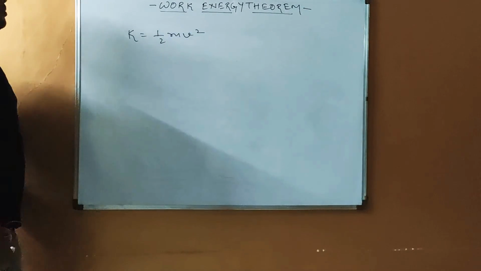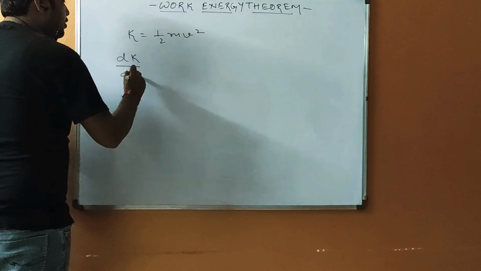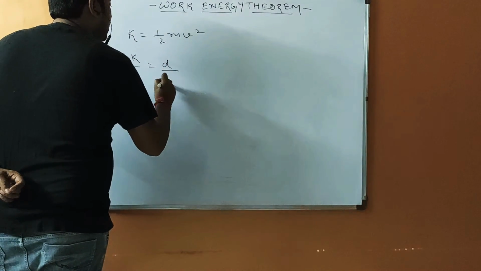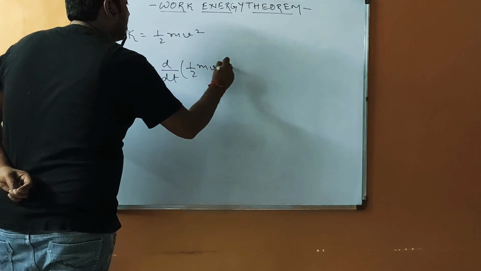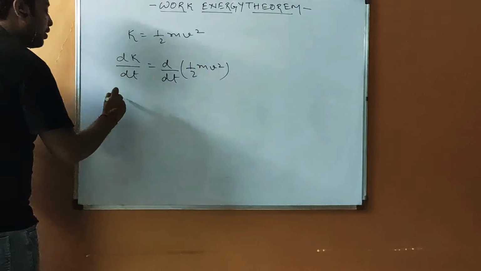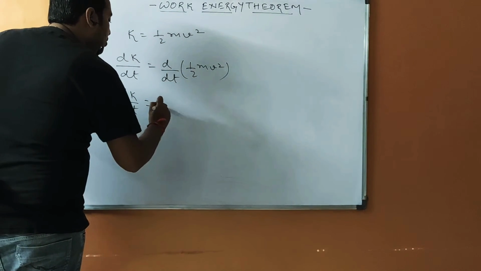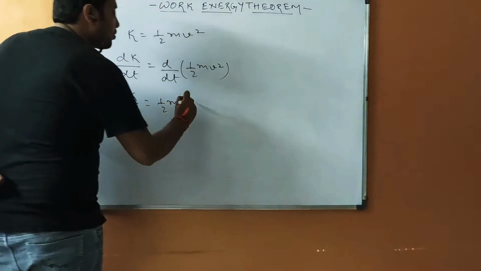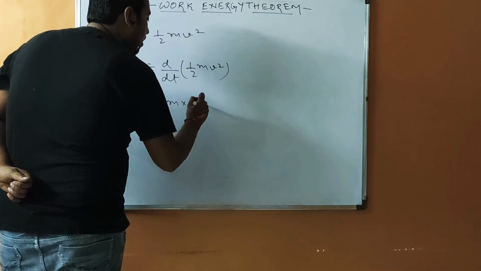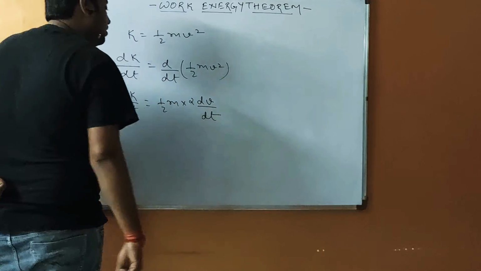If I differentiate both sides with respect to t, let's see what we get. dK upon dt is equal to half, which is constant, m is constant. What will be the differentiation of v square?